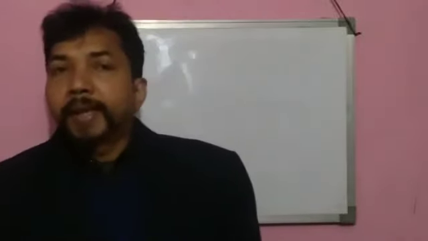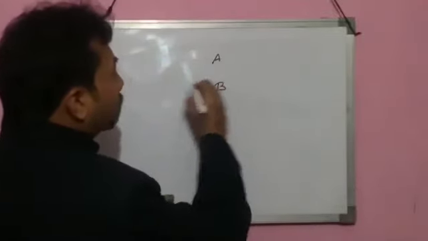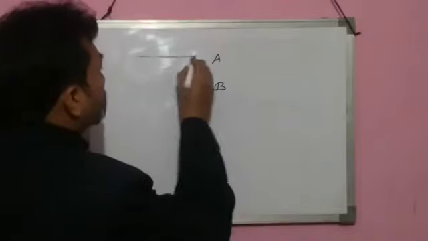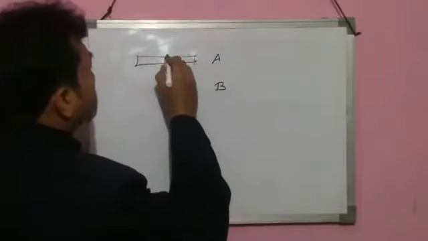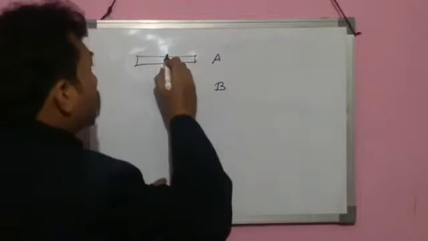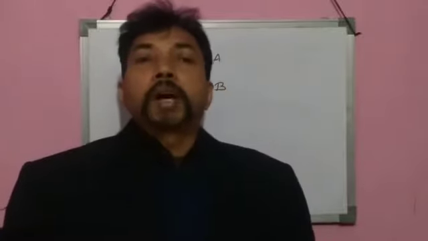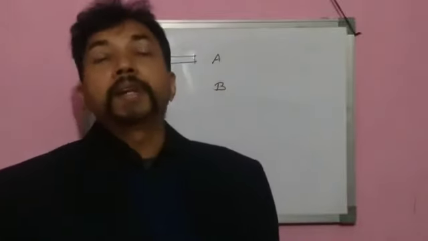How will you find out which is which? You take both the bars. Suppose you name the first one A and the second one B. You suspend the first bar A, suppose in the east-west direction.